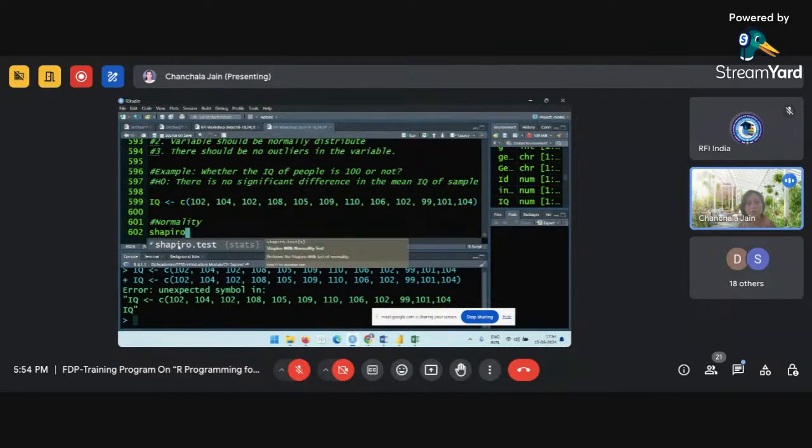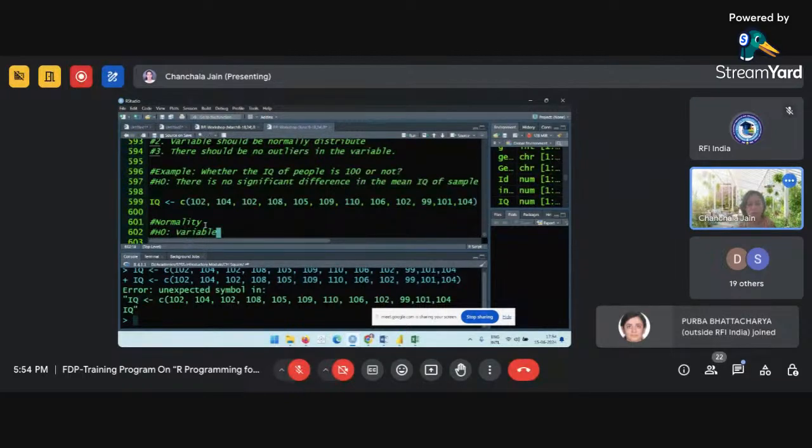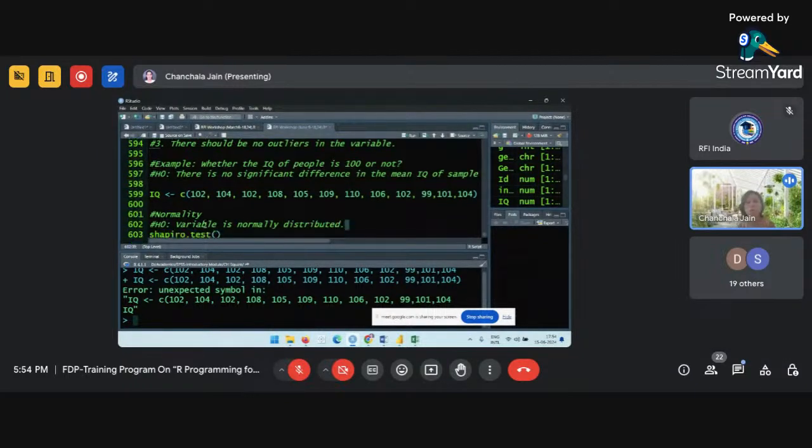There is a function called Shapiro.test. Firstly, I'm writing here the hypothesis of the Shapiro test. The hypothesis says the variable is normally distributed. This is your variable.